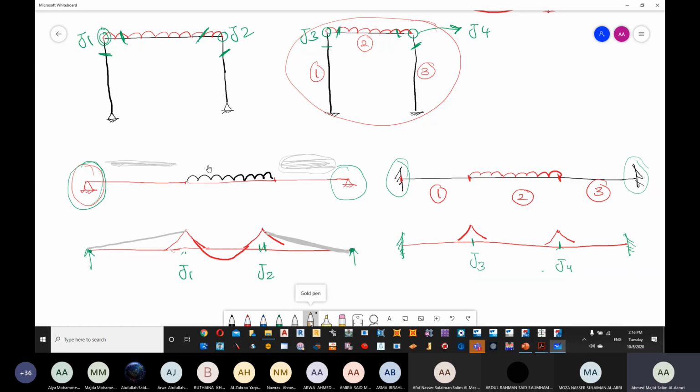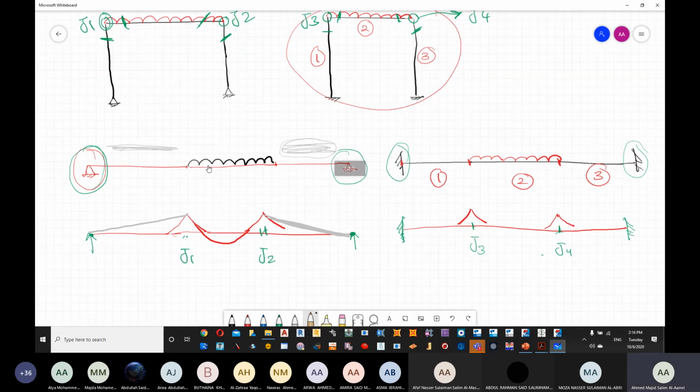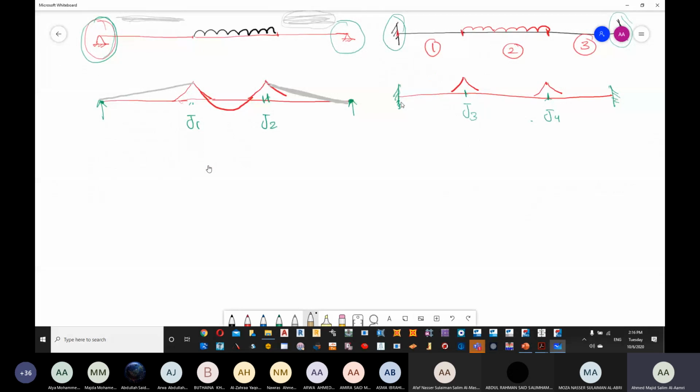So if we draw the bending moment diagram now, we take it a little bit this way, and we draw the bending moment diagram one time for this frame. Then the bending moment is going to go like this, which is for this portion.